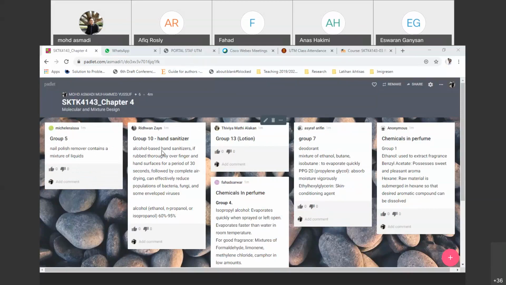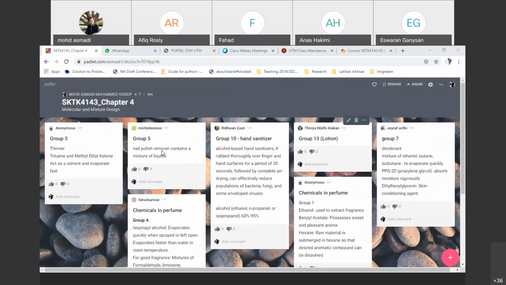What is the compound, Michelle? Thinner, yes, thinner.